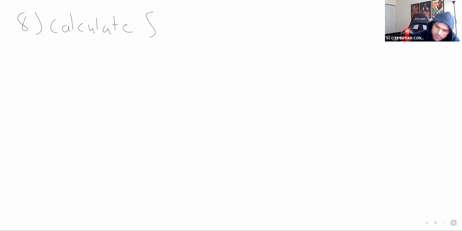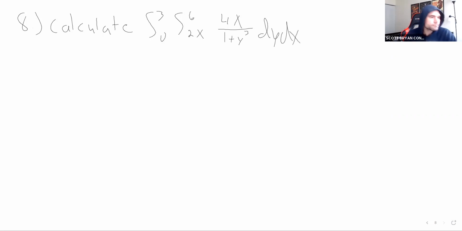So the integral from 0 to 3, x goes from 0 to 3, y goes from 2x to 6, 4x over 1 plus y cubed. So dy dx.